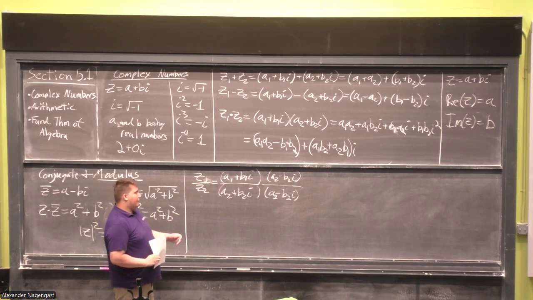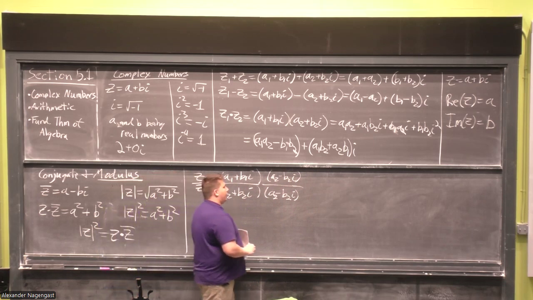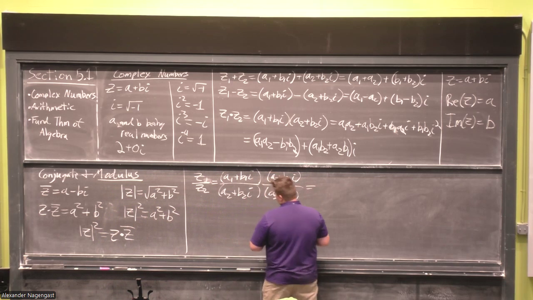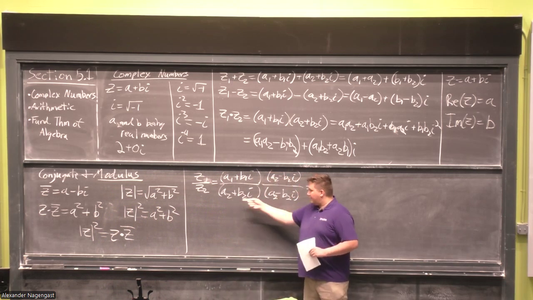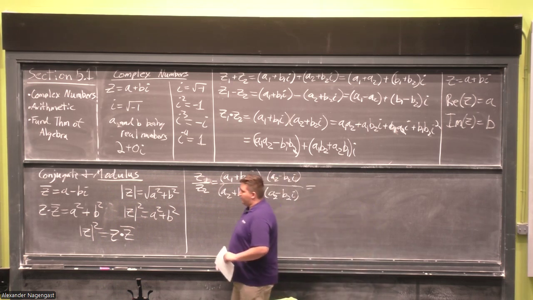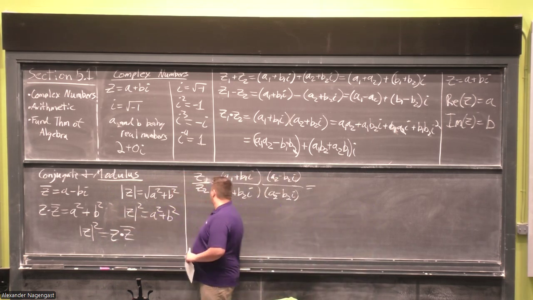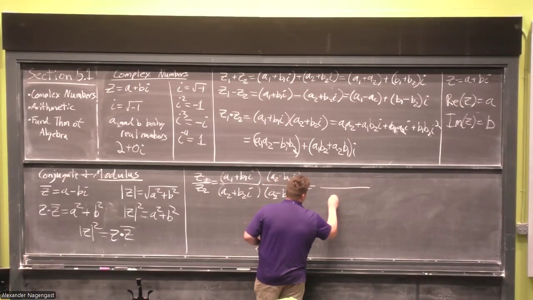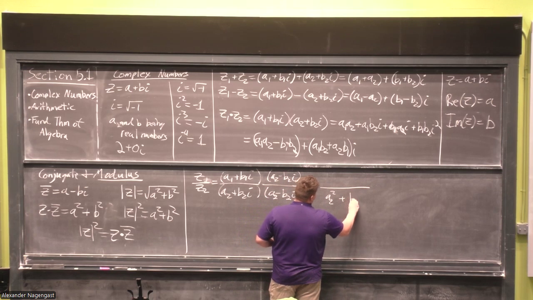Now we apply the bottom and we have z times z bar. We've worked that out and we have a squared plus b squared. So the bottom is going to be a2 squared plus b2 squared.